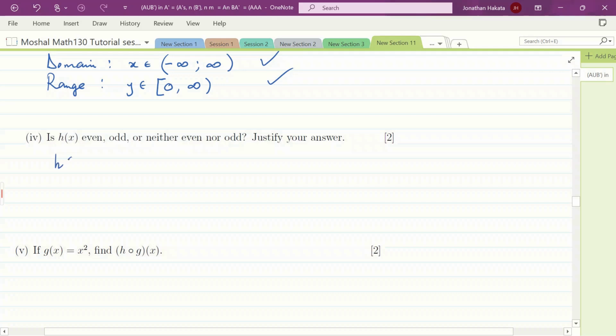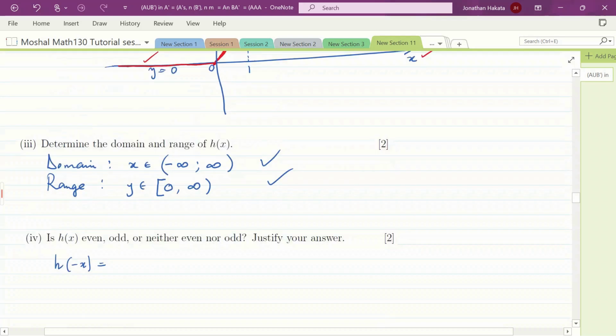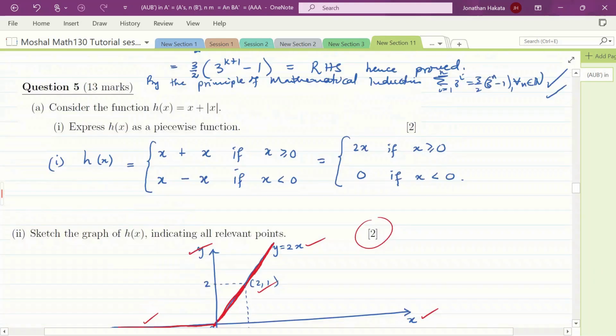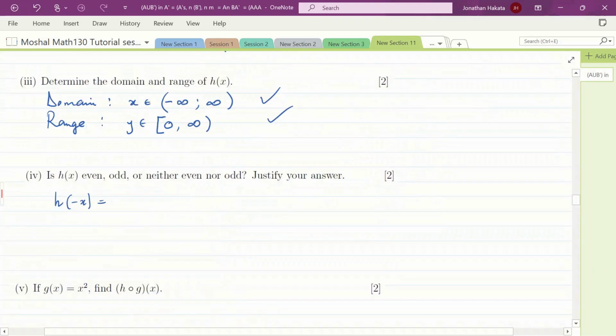So h of negative x is equal to, if we use the definition of h of x, x plus modulus of x. So where there's x, I'm going to put negative x. So I'll have negative x plus modulus of negative x. Which is just equal to, because modulus of x will convert this negative x to be a positive x. So it will be negative x plus modulus of x, it's just the same.